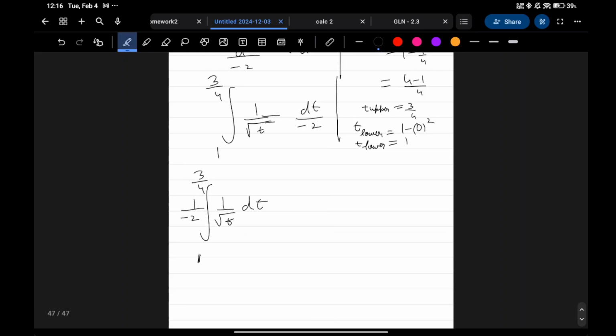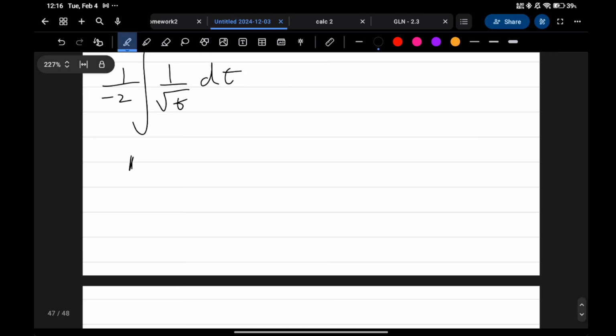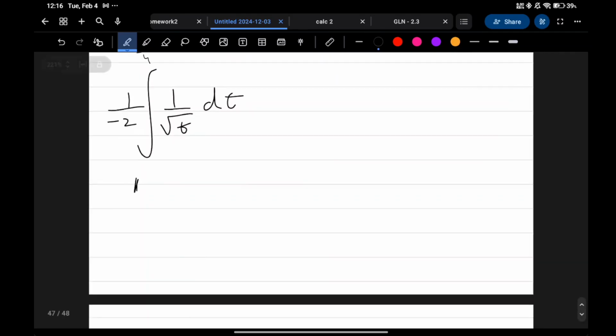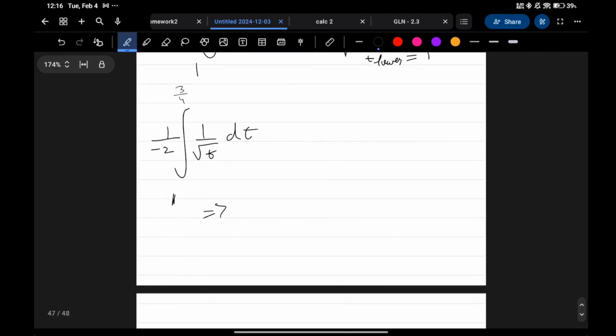All right. And how to solve this? Let's write the root t. Let me see if I've shared the correct screen. Okay, fortunately I have. Now this becomes, let's write this as 1 over 2.